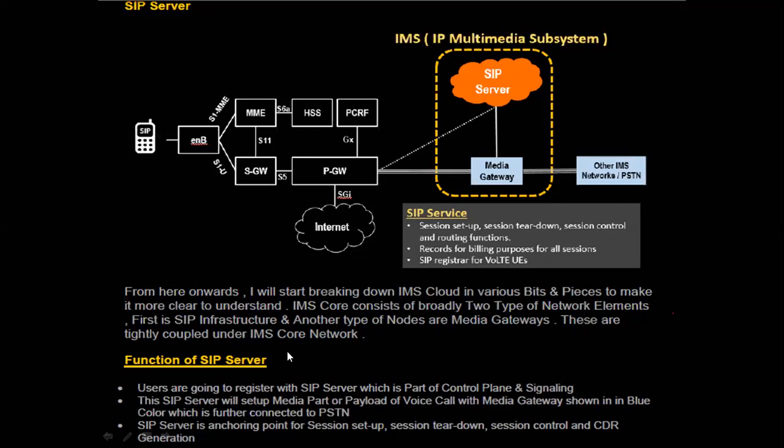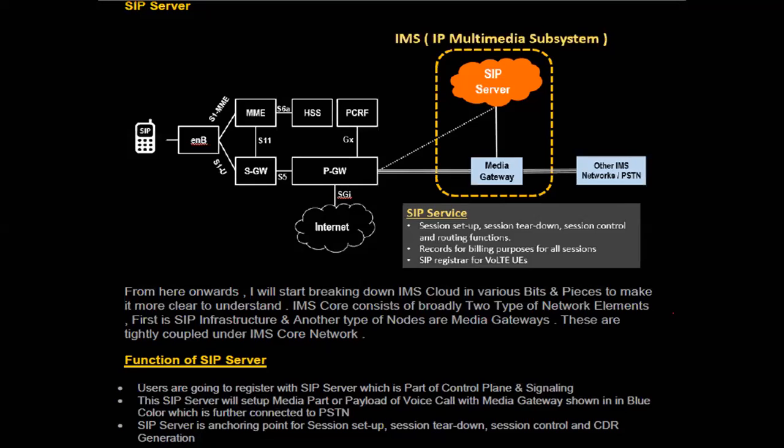So the function of the SIP server: users are going to register with the SIP server, which is a part of the control plane and signaling. This SIP server will set up the media part, or payload, of the voice call with media gateways, which further connect to the PSTN.